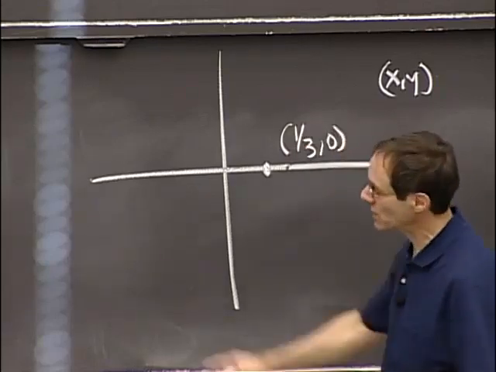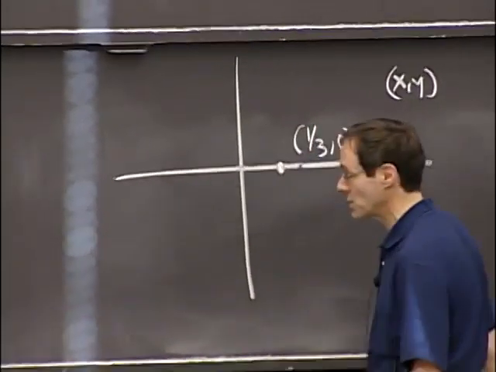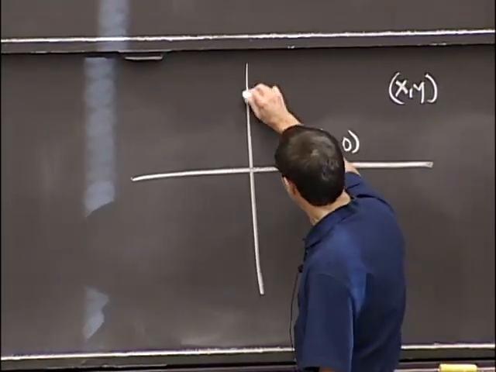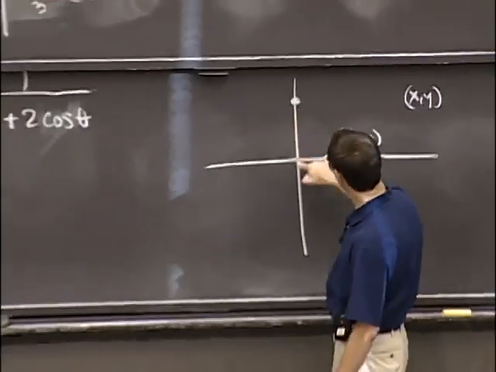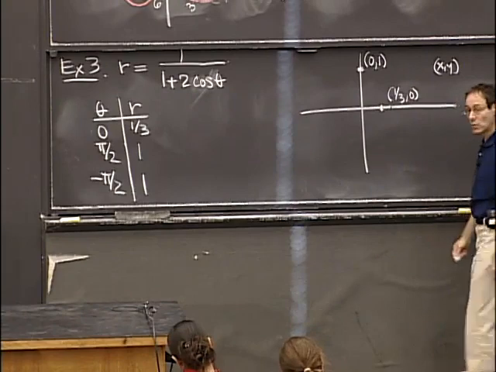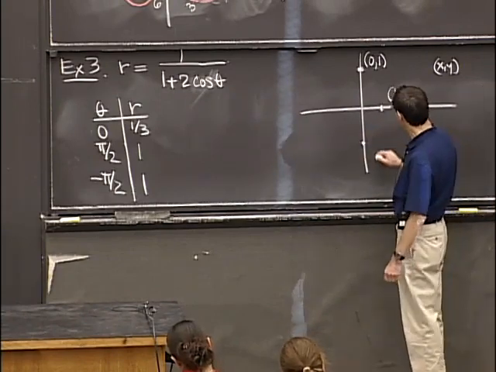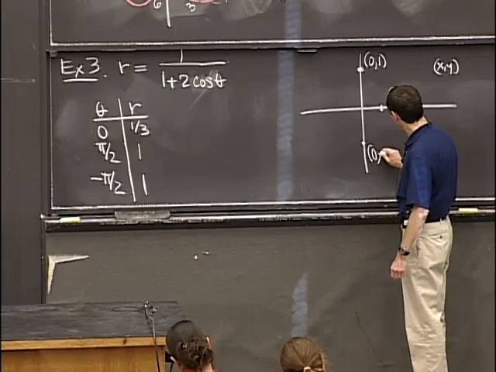The polar coordinates is 0, 1/3, but the rectangular coordinate is also 1/3, 0. And over here, at pi over 2, the distance is 1, so this is the point 0, 1 in xy coordinates. And then down here at negative pi over 2, it's 0, minus 1.